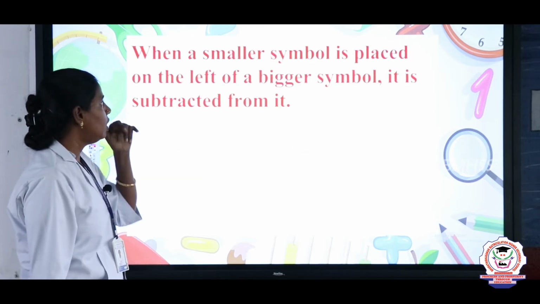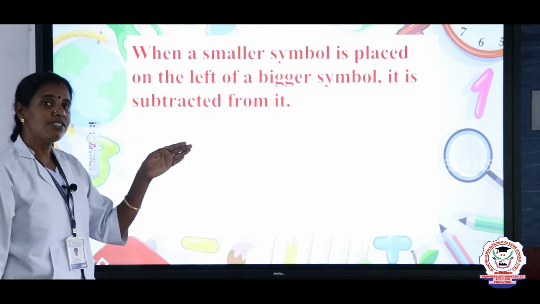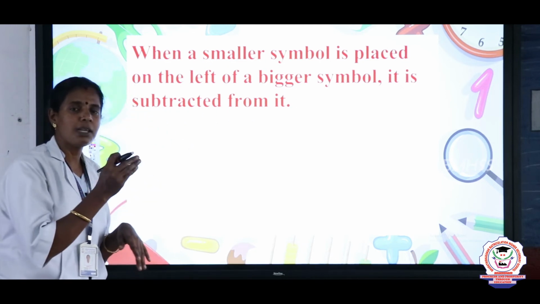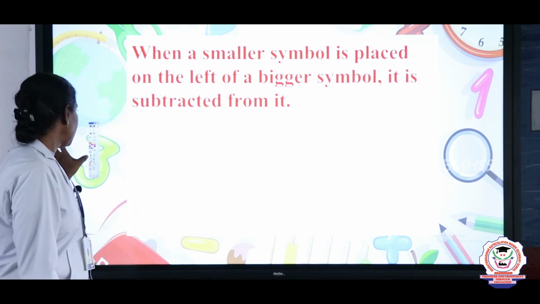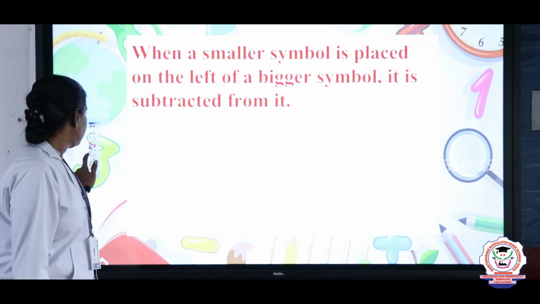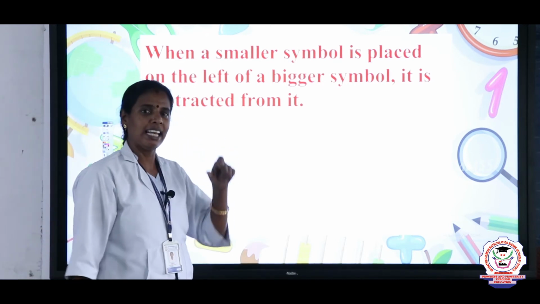See, the next rule is when a smaller symbol is placed on the left side of the bigger symbol, it is subtracted from it. So, to write the Roman numerals 4, 6 and 7, there is some rule.